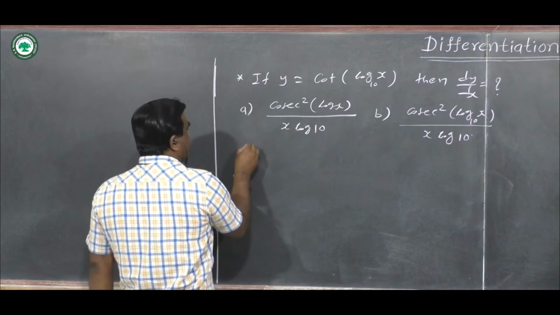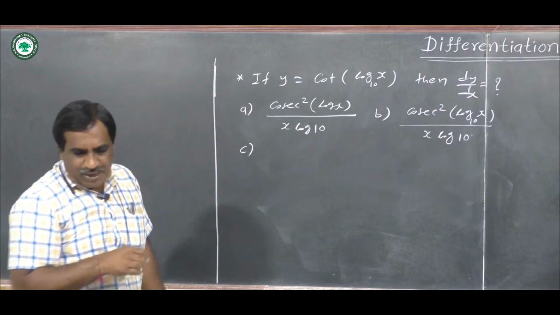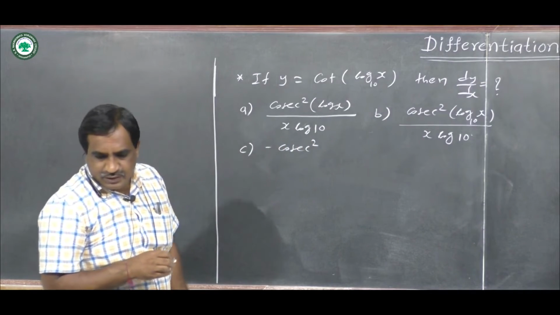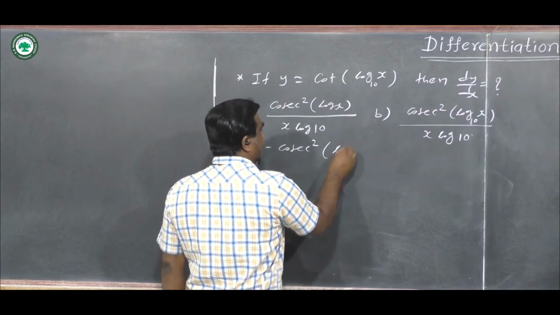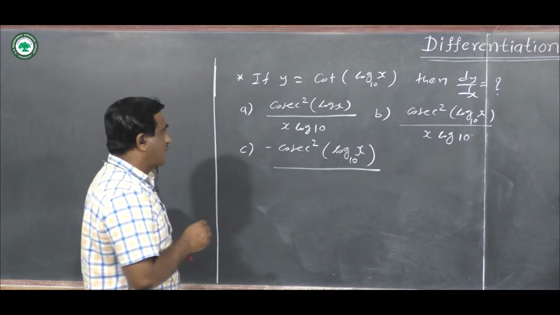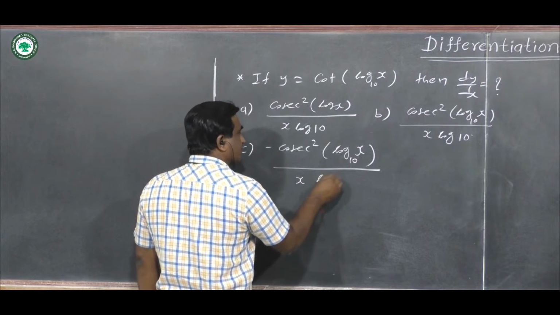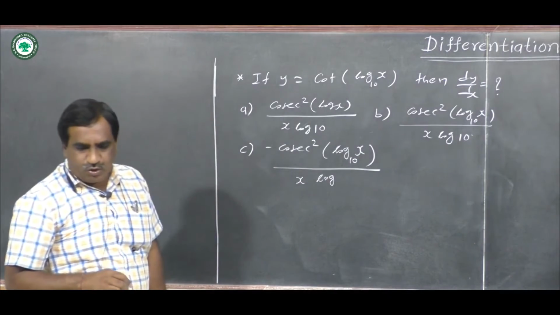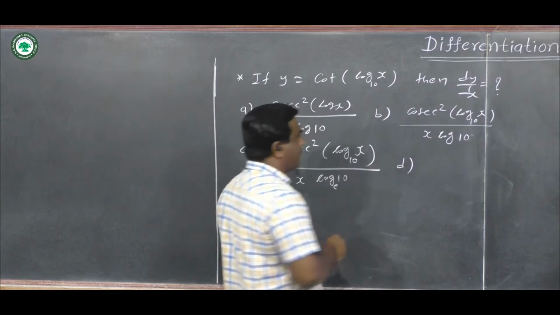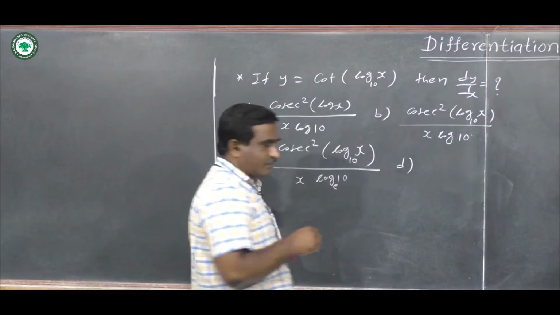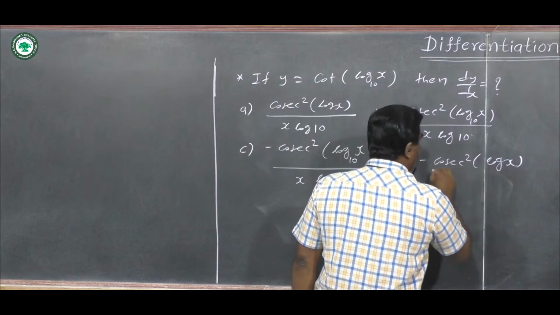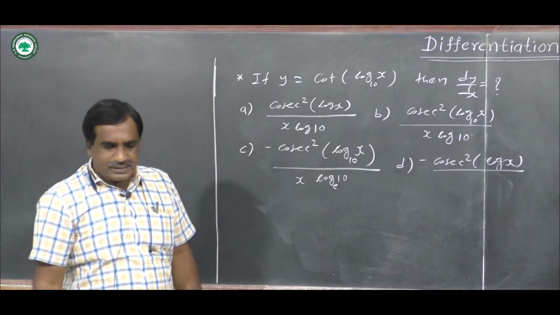Okay, option C, minus cosec square of log x to the base 10 upon x into log 10 to the base e. And option D, minus cosec square of log x upon x into log 10.